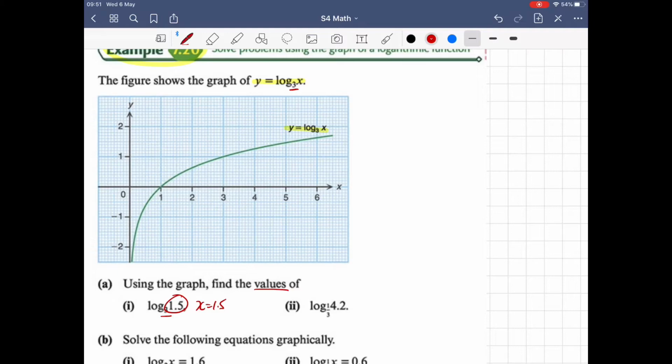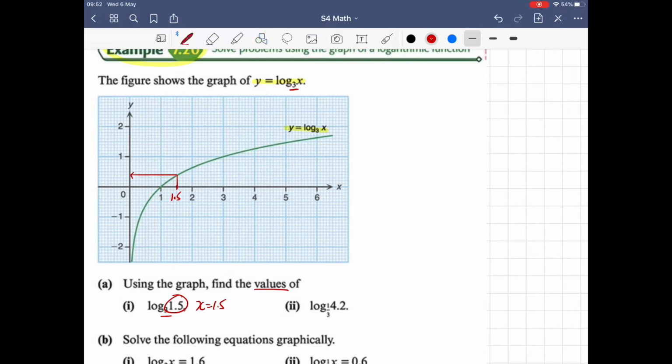Then please take a look at the graph. So x equals 1.5 is here, and we will draw a vertical line from x equals 1.5 until it reaches the graph. Afterwards, we will draw a horizontal line to see the corresponding value of y.